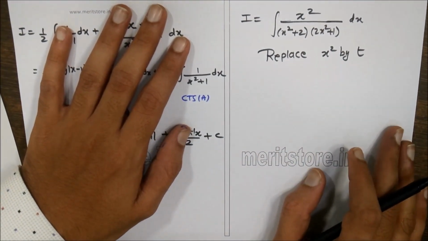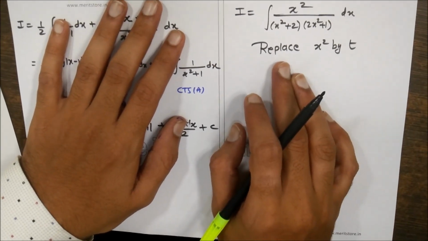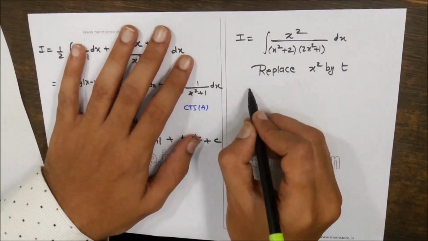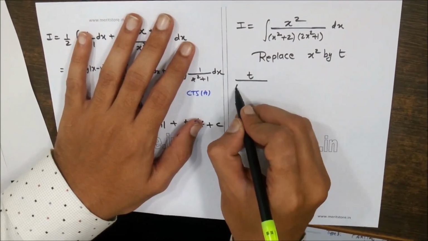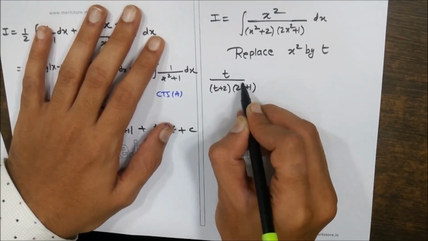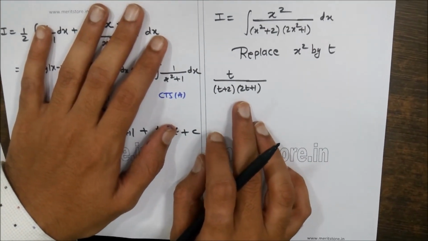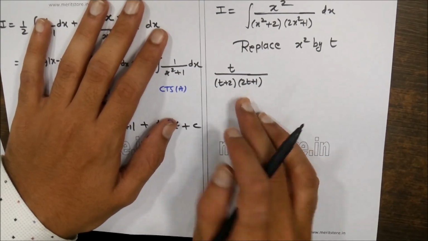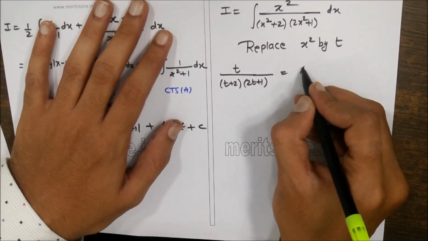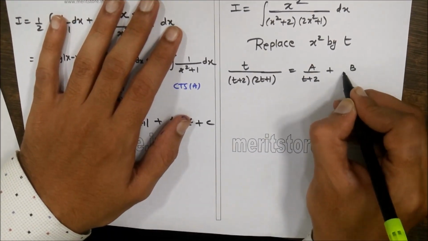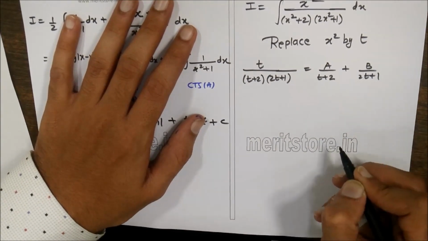Please note, we are not substituting, we are instead only replacing it temporarily, so that I can write this in the form of (t plus 2) into (2t plus 1). Observe carefully, this now converts to non-repetitive linear partial fraction, which I can now write as a upon t plus 2 plus b upon 2t plus 1.